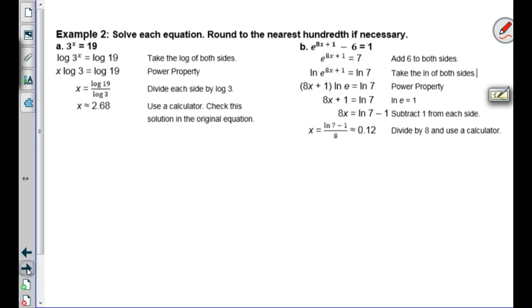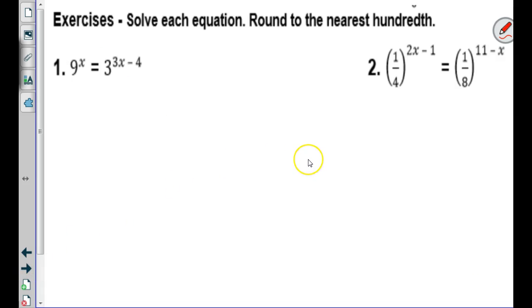All right, now do you have some that aren't done on your paper? Yeah. All right. The x's are in the exponent, but I don't want to take the log of both sides if I don't have to. Can I write these both as powers of the same number? Yeah, 3 is a power of 3, but 9 is also a power of 3. We could rewrite 9 as what? Okay.